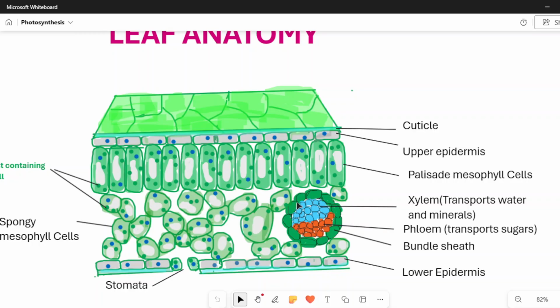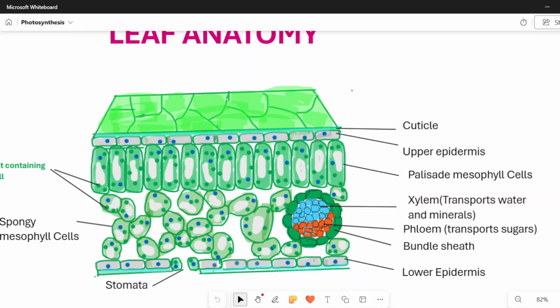Through these veins, we know, water gets supplied to the leaf, and also the glucose which the leaf manufactures gets transported to the plant through this phloem. So xylem and phloem are the two parts present in the veins.